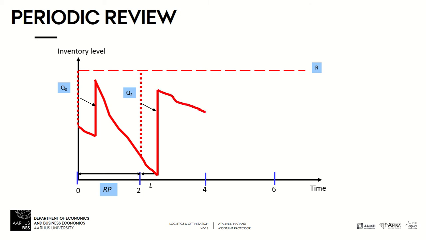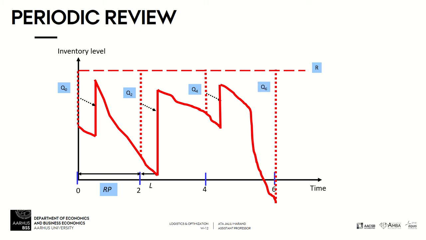Then I have week 4. This time I am making an order of size Q4. After L units of time, I will receive that order. Time goes by, but this time, because of the uncertainty in the demand, I have a high demand. So in week 6, I will have some back orders.